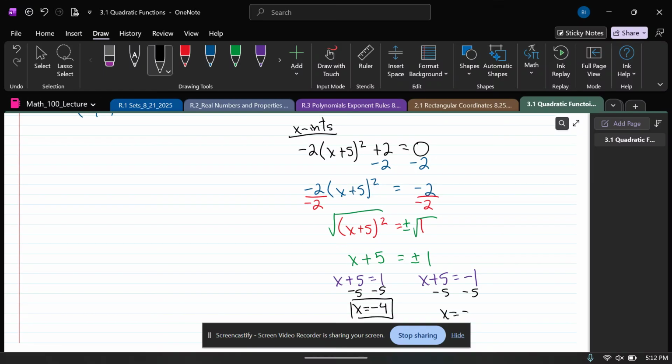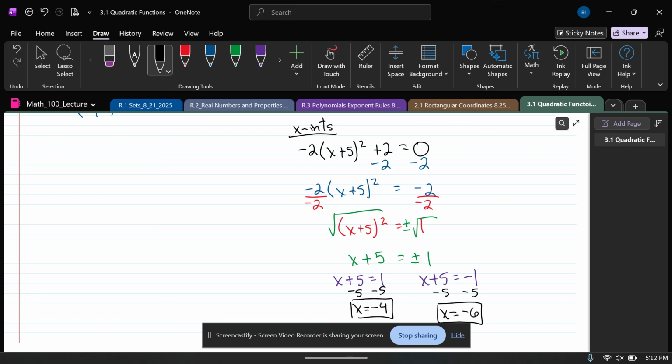That one's negative 6. That's me solving by square roots there, which is the most efficient method for solving a vertex form equation for the x-intercepts. There's other ways, but that's probably the most efficient way of doing that.